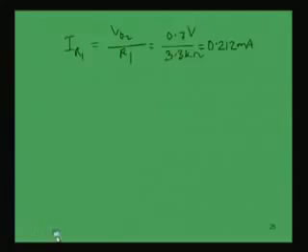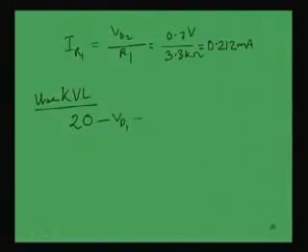Using KVL in this loop, we get 20 minus VD1 minus VD2 minus VR2 equal to 0. Everybody knows Kirchhoff's voltage law. What is it? Algebraic sum of the voltages around the loop is 0. So, we are just simply applying that.